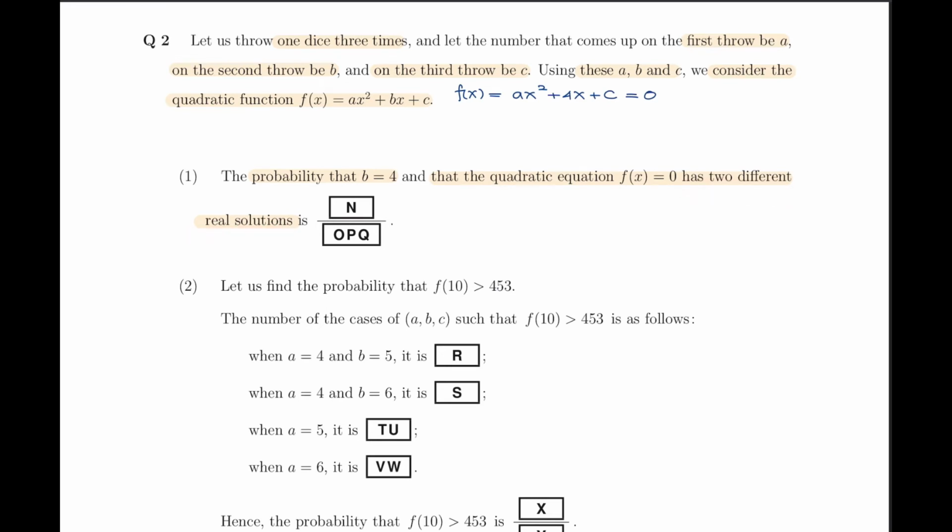The condition that must be satisfied for a quadratic equation to have two different real solutions is that the discriminant must be greater than 0.